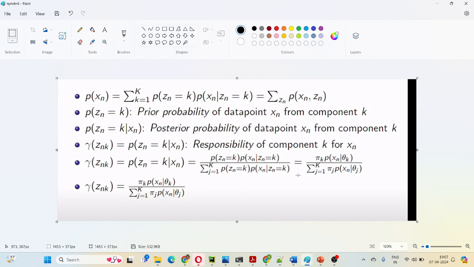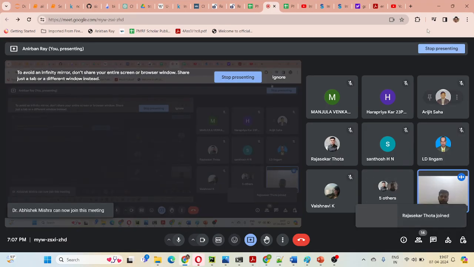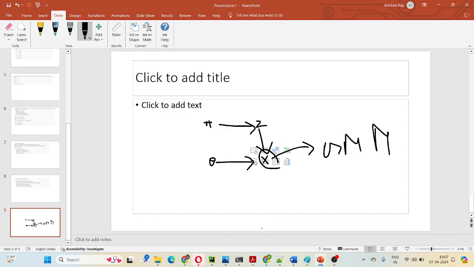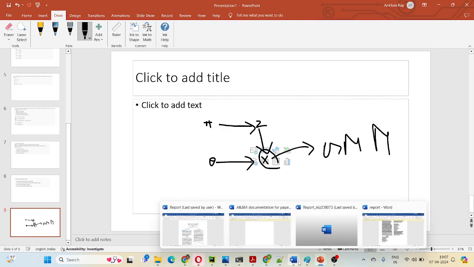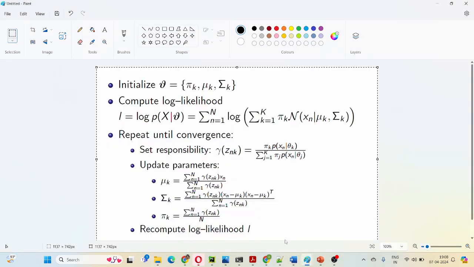This probability is given as pi k, the prior probability usually represented as pi k, and this is the responsibility gamma z n k. So this is the Gaussian mixture model, and this is just the introduction. We have to do it iteratively.